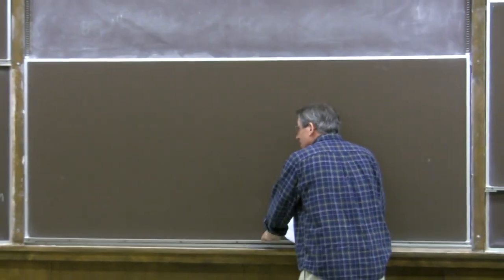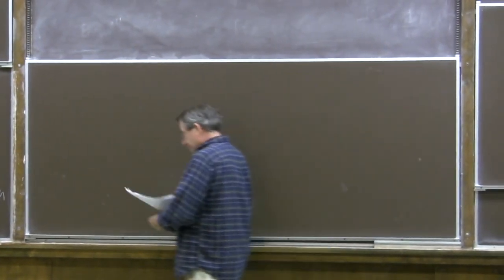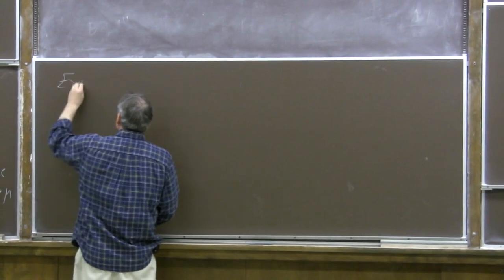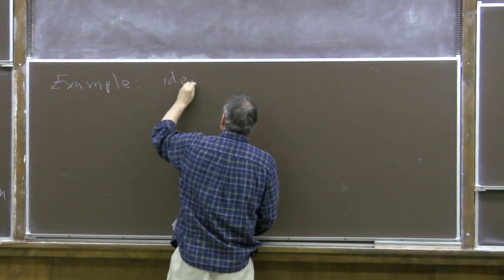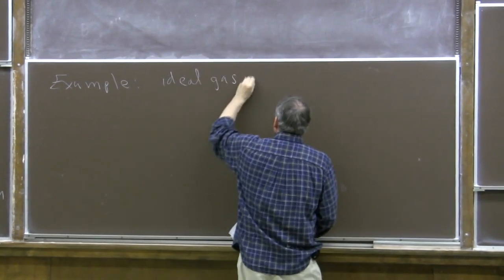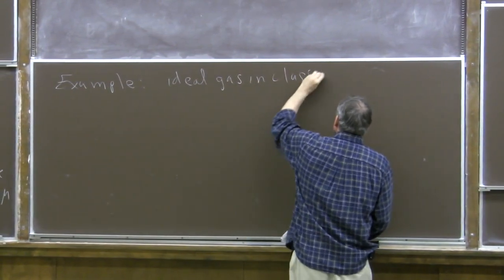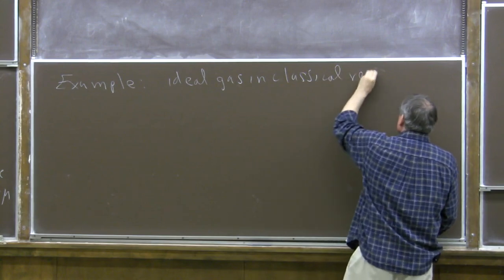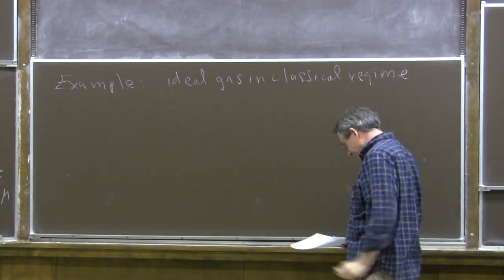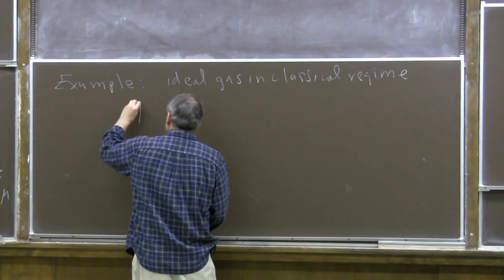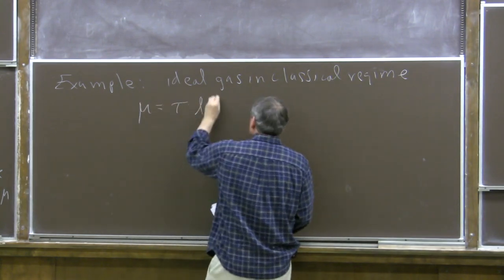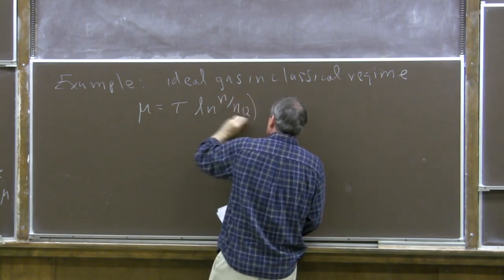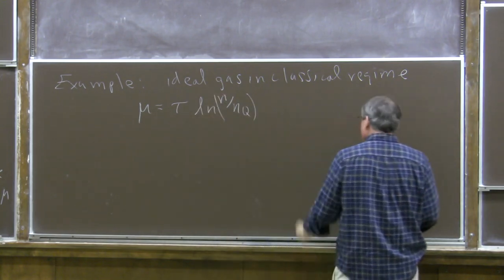And we computed, as an example, the chemical potential for an ideal gas in the classical regime, finding the chemical potential as temperature times natural logarithm of concentration divided by quantum concentration.